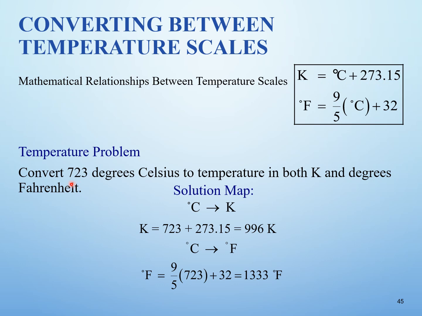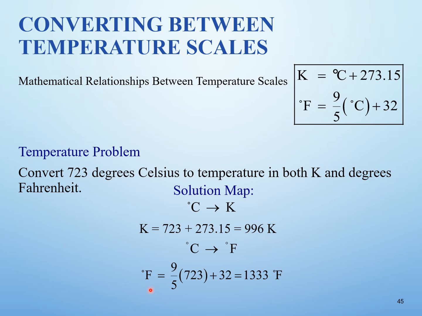Okay, so here's a question: convert 723 Celsius to Kelvin and Fahrenheit. To do it to Kelvin, we put the 723 Celsius right here, and then plus 273, you get 996 Kelvin. In this case, because the number started without a decimal place, our answer will also have no decimal place.